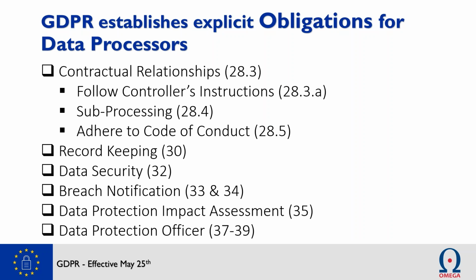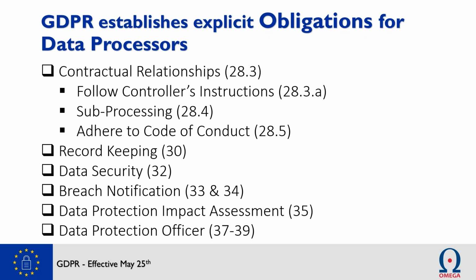Next is data security. Of course, you have to keep your data secure, and that would include several different things. First, you would have to keep data encrypted. You have to include data security for risks presented by processing, by accidental or unlawful destruction, loss, alteration, unauthorized disclosure of, or access to personal data transmitted, stored, or processed.